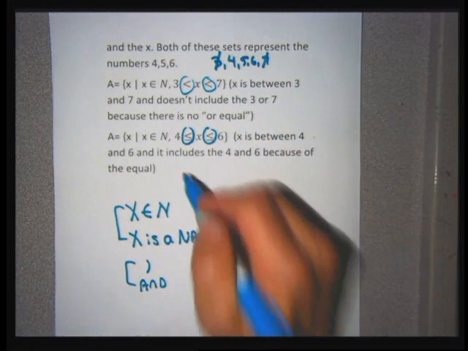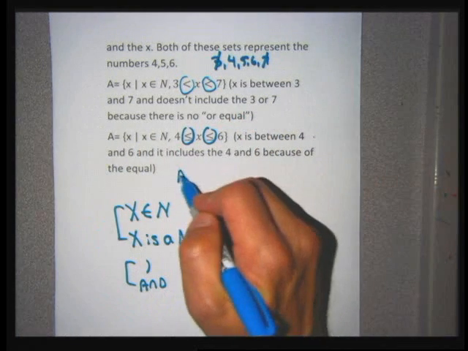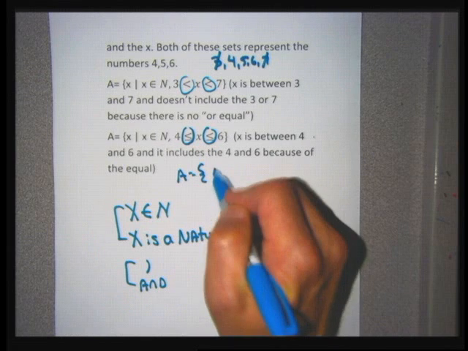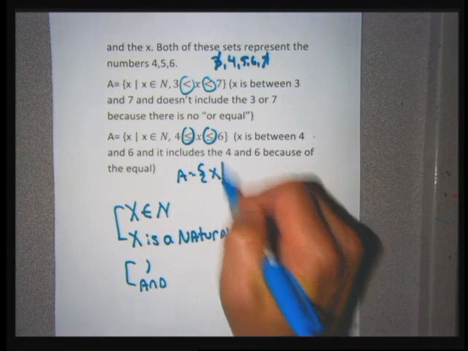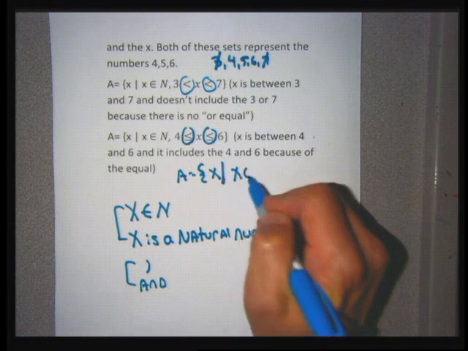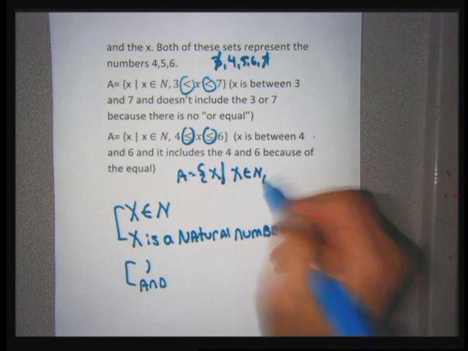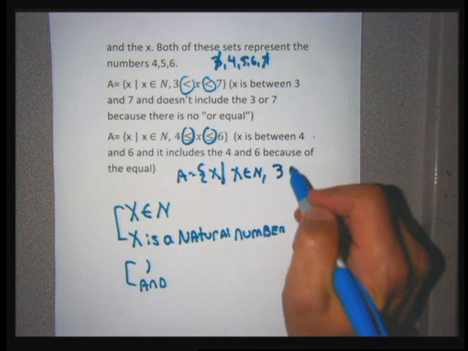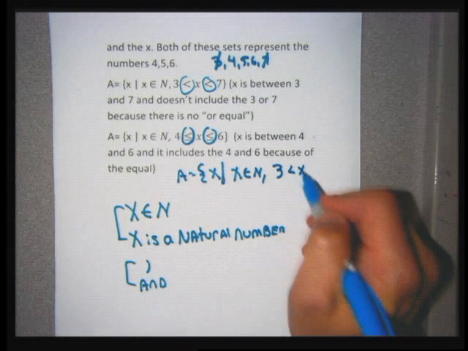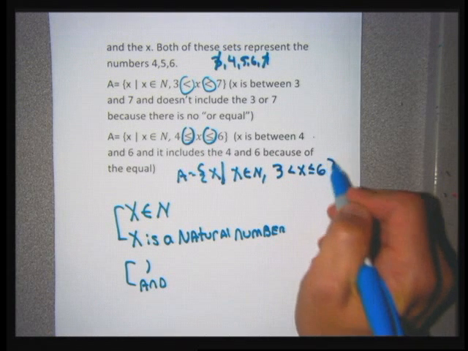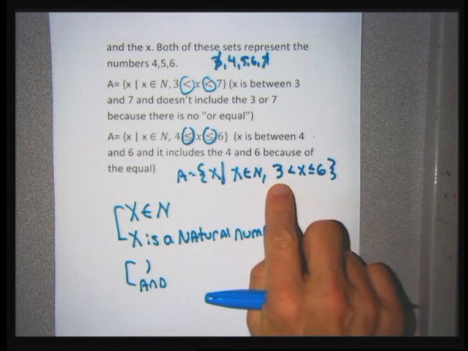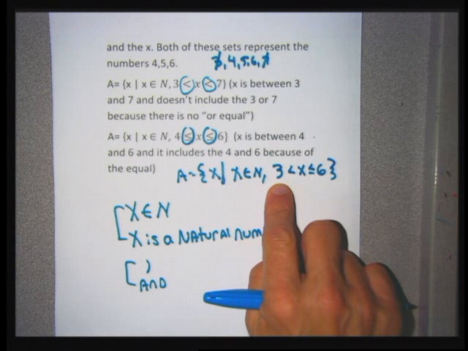Even another way to write this, I could say A equals the set of all x such that x is a natural number, and I can do x is between 3 and 6. 3 is less than x, which means x is bigger than 3.